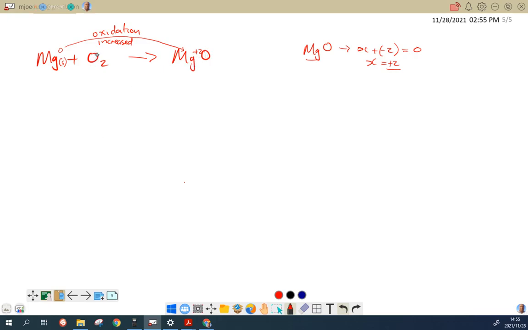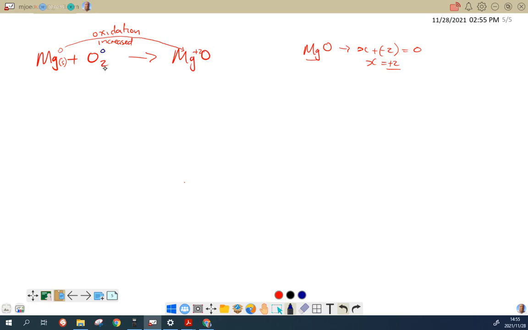Let us look at what has happened with the oxygen on the other hand. Initially its oxidation number was 0. Why? Because it's oxygen in its elemental form as a molecule, and it will have an oxidation number equal to 0. Now what has happened to the oxygen when it becomes magnesium oxide?